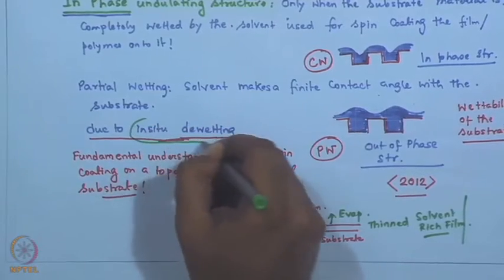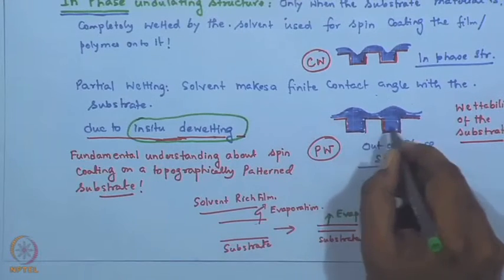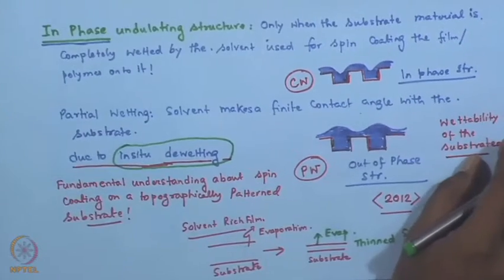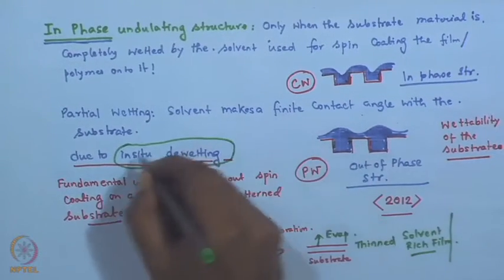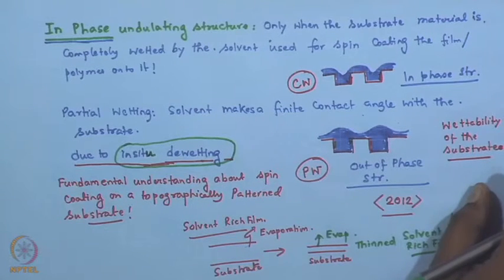So, now if you have a substrate which is partially wetting by the solvent, what happens is, due to in situ dewetting, you get structures which are out of phase with respect to the substrate. Okay. This in situ dewetting we will be talking about later when we discuss dewetting in greater detail.